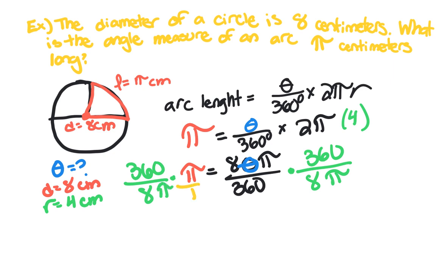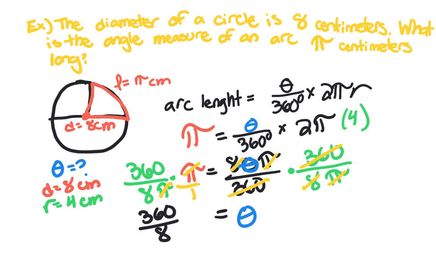In case you forgot, this is over 1, so a lot of things cancel out, and I'm going to cancel out the pi over pi. That would become 1. The 8's over here, 360 over here, so we are just left with theta on the right equals 360 over 8.